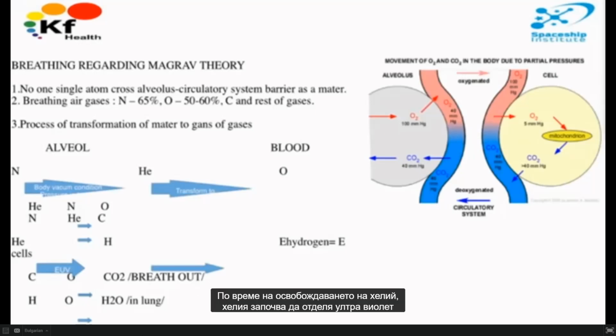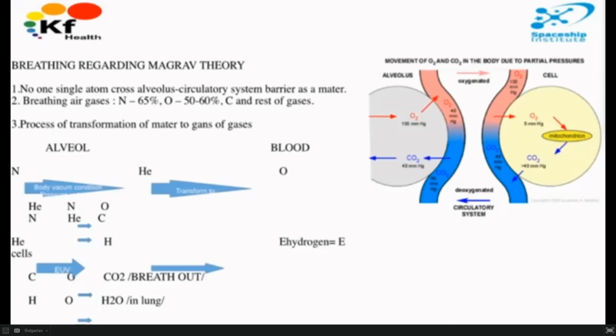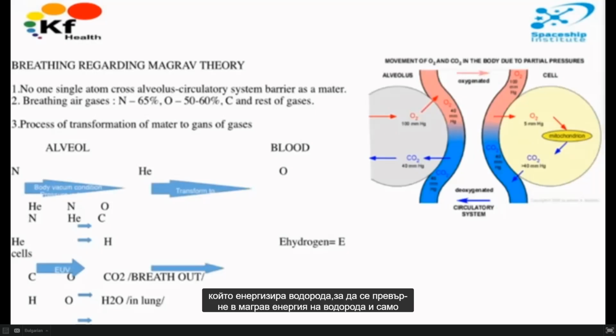During the releasing of helium, helium starts to, how is it in English, release ultraviolet, which energizes the hydrogen to become a magraph energy of hydrogen, and only the energy of hydrogen goes to the circulatory system in blood and starts feeding the tissue of our body and supporting the cells' breathing in the mitochondria.